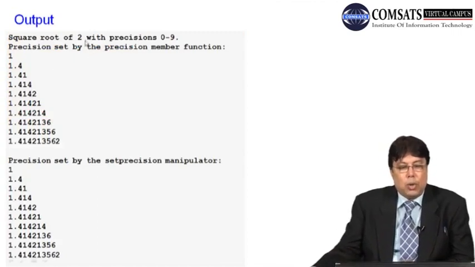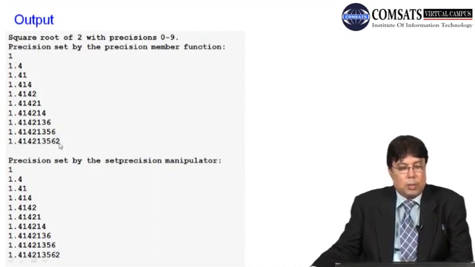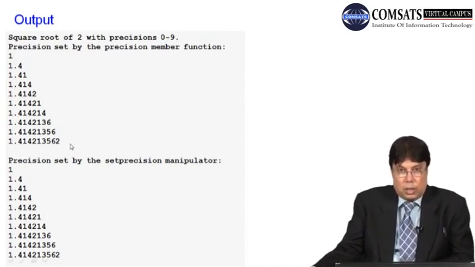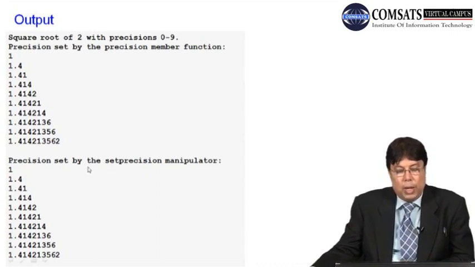Yes, square root of 2 with precision from 0 to 9. This precision is set by the precision member function. So place is equal to 0, 1, 2, 3, 4, 5, 6, 7, 8 up to 9. This is up to 9 places, the output of the first for loop. Then the output of the second for loop, where we are setting the precision with the manipulator.